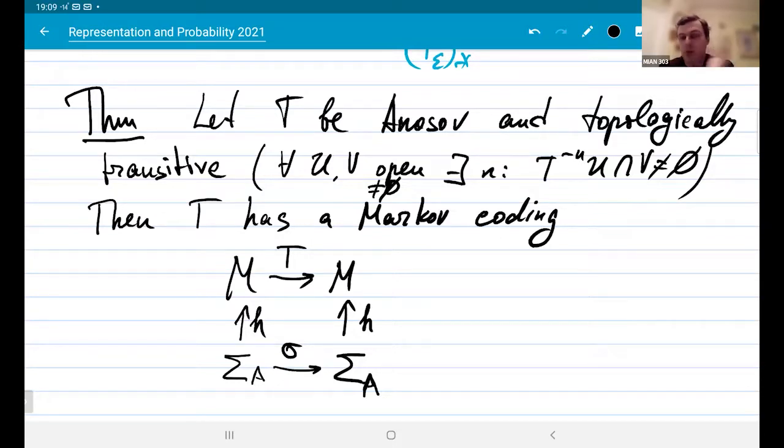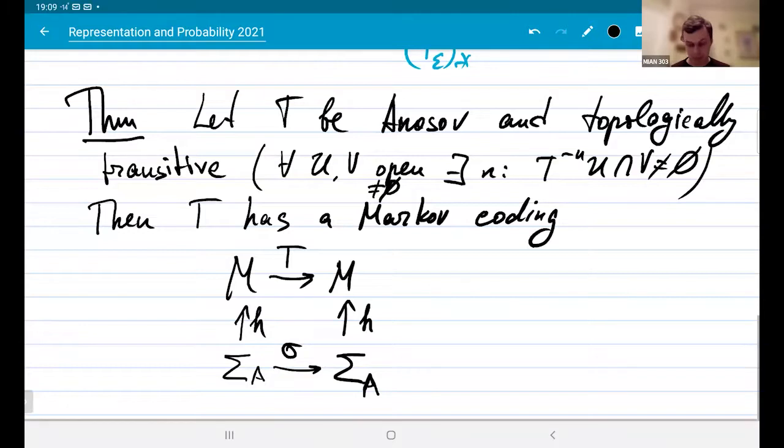So for almost all points the preimage is just one point, but there are some cases when we have preimages with more than one point. You see in our example that this is quite natural, because of course this H cannot be a diffeomorphism, because M is a nice manifold and sigma A is a totally disconnected space. It's something like a Cantor space.